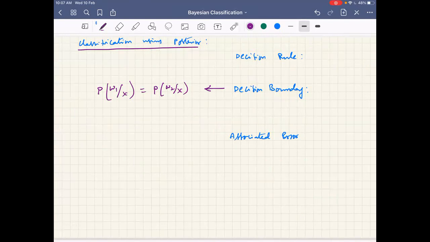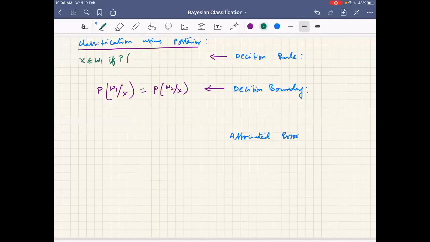But now let us move forward on identifying how I find the decision boundary here. How do I get the decision rule? I need a quick answer. If probability of omega 1 given x is greater than probability of omega 2 given x, then x belongs to omega 1.